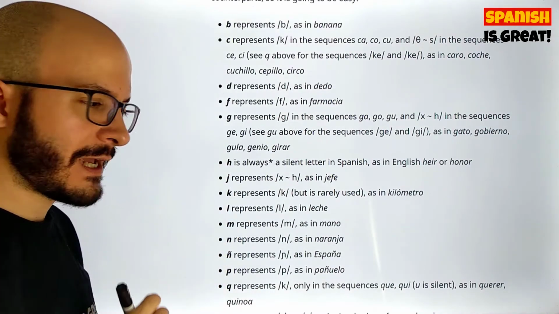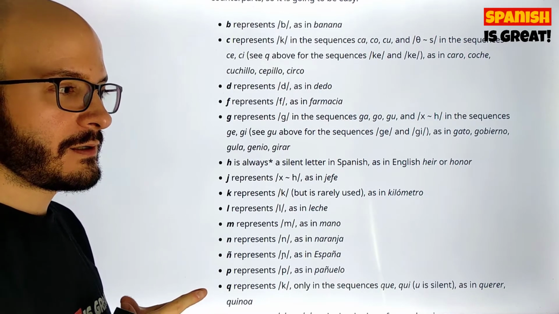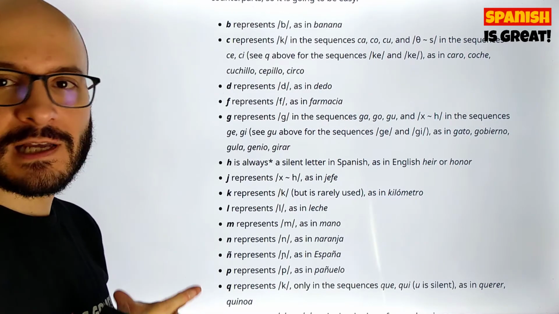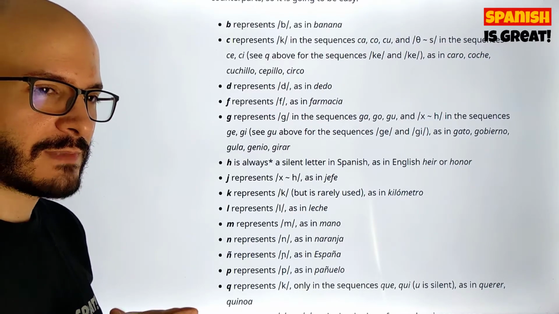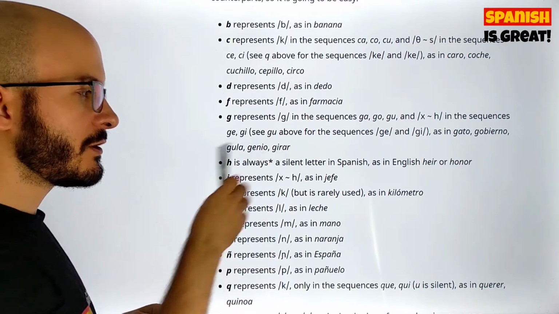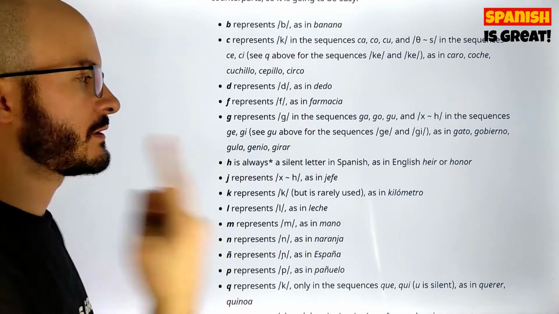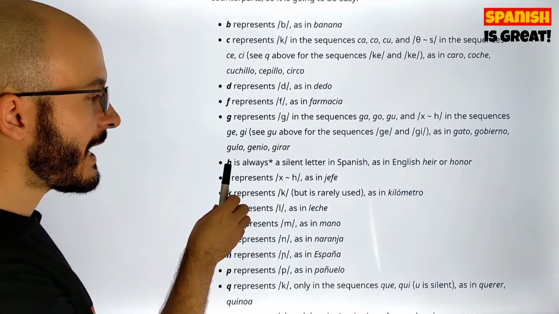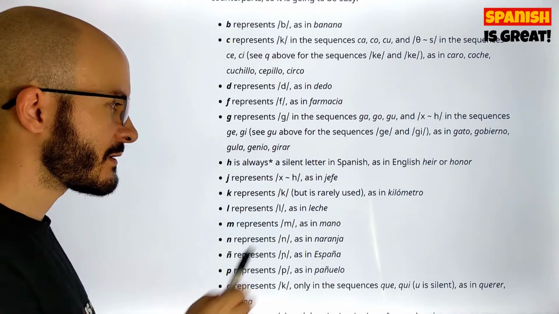How to translate gula? Gula is this capital sin which makes you eat a lot. I don't remember now in English, but you know what I mean. Then genio, genius, and girar, to turn. H is always, and you see here an asterisk, okay?